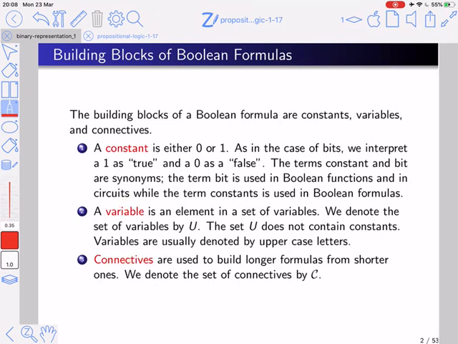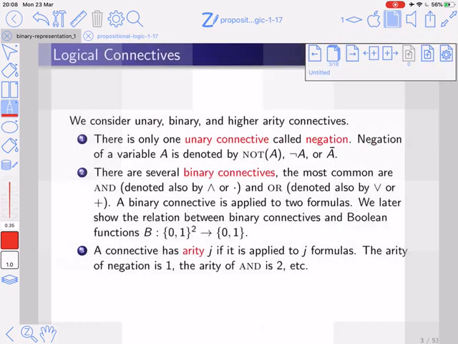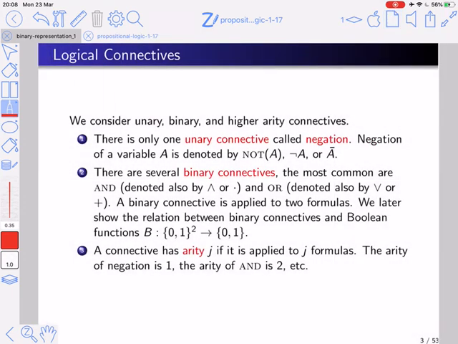Connectives are used to build longer formulas from shorter ones. We denote the set of connectives by calligraphic C. We have different types of logical connectives. We have only one connective, which is unary. This connective is called negation.